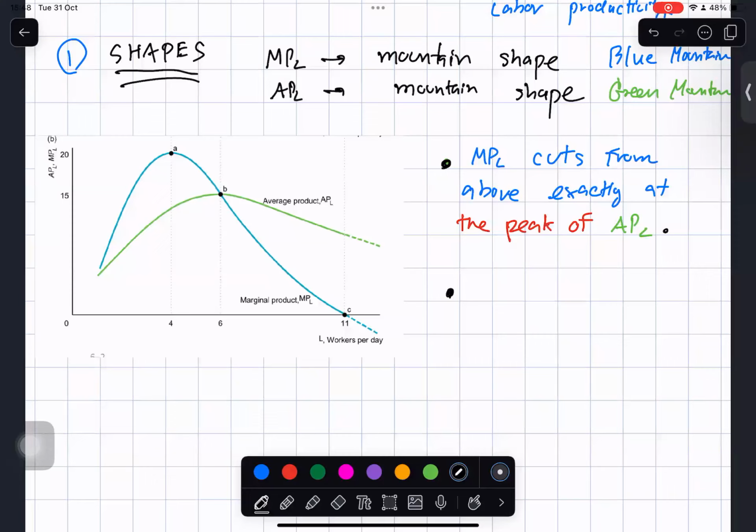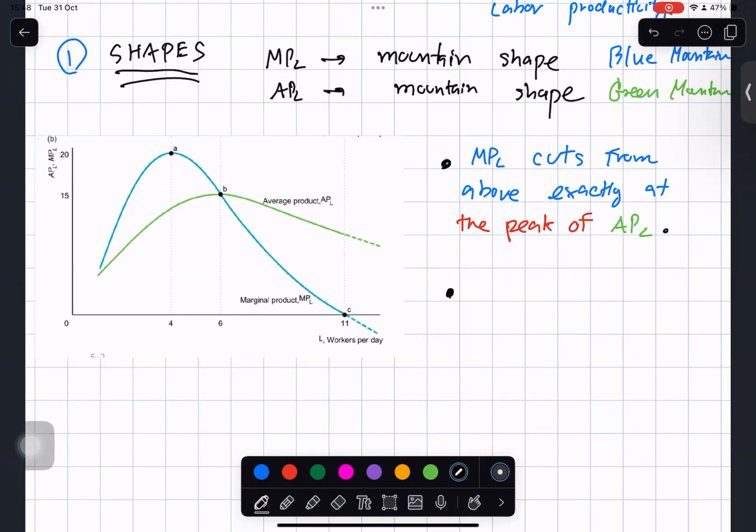Before the crossing point means before L equals 6. After the crossing point, it's when we use more than 6 workers. What happens when we use less than 6 workers? When we compare the height of the two mountains, which one is taller? Before the crossing point, MP is taller.